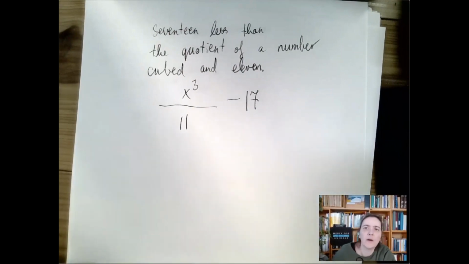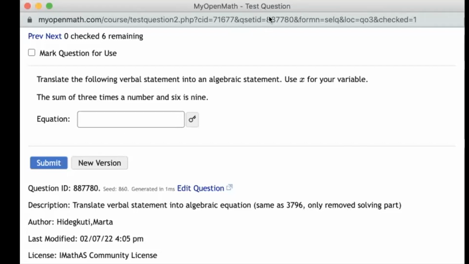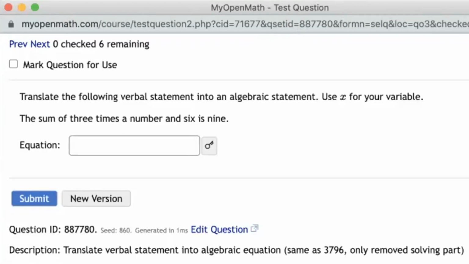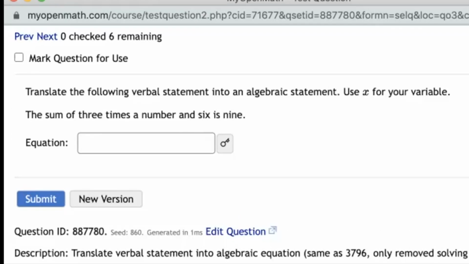Okay. These are going to be sentences. So statements. The sum of 3 times a number and 6 is 9. These are statements. Okay, so is 9. Something is 9. What is 9? The sum of what? 3 times a number and 6.